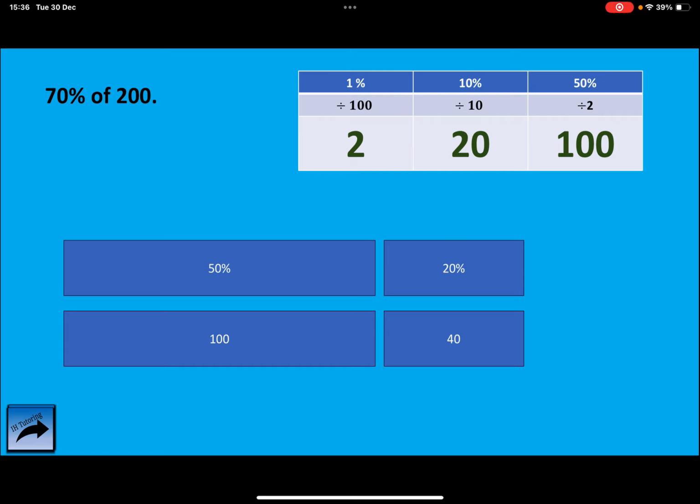So we double that to get 20%, and that equals 40. So overall, we have 140. So 70% of 200 equals 140. So you can combine those 1% figures, 10% figures and 50% figures to make any percentage that you like.